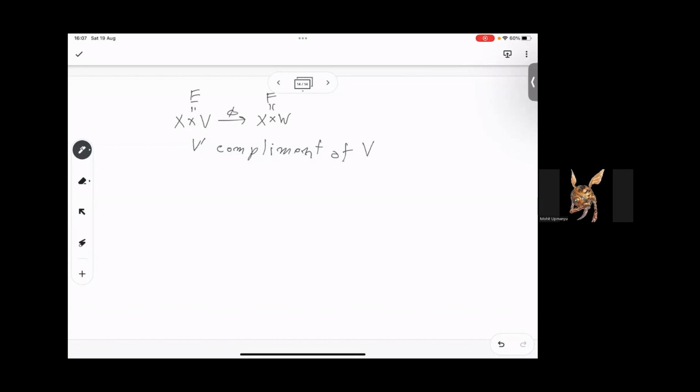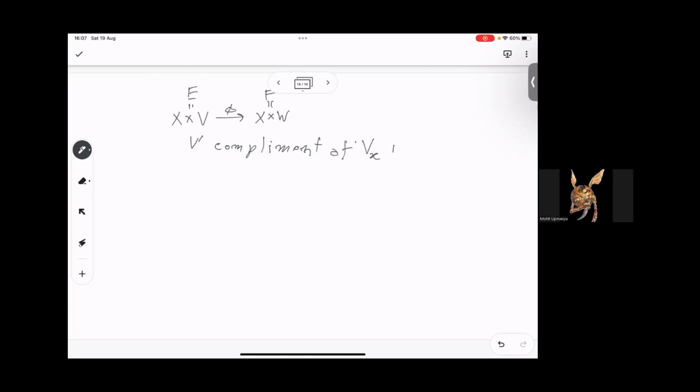And so suppose V prime is a complement of V. Right, sorry, complement of V_x.